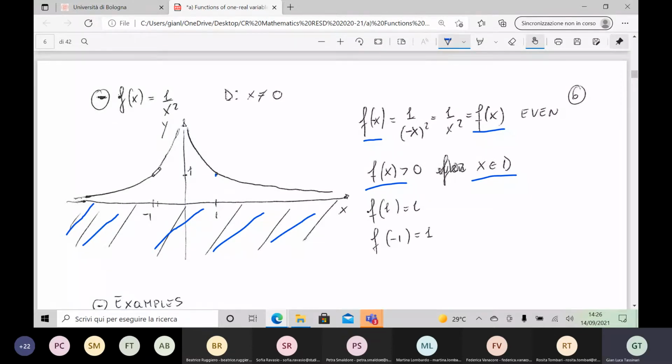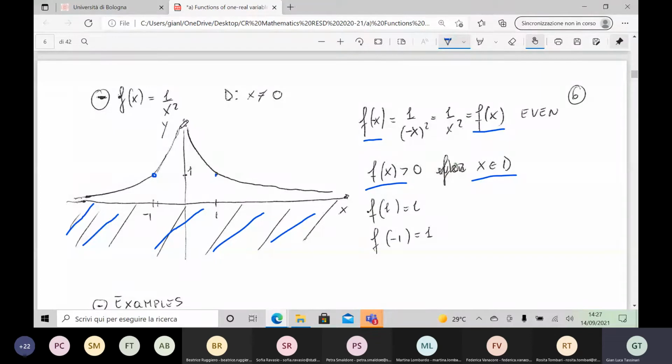Only intuitively, since the function is symmetric with respect to the vertical axis, to plot this branch, it is enough to study the behavior of the function for x greater than 0, and after having done that, you can plot this branch, and then you can take the symmetric of this branch with respect to the vertical axis, which is this one. In particular, guys, it's very easy. What happens if the function passes here? What happens if x increases?